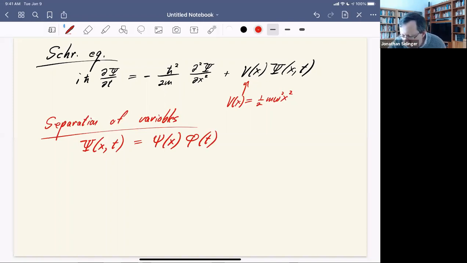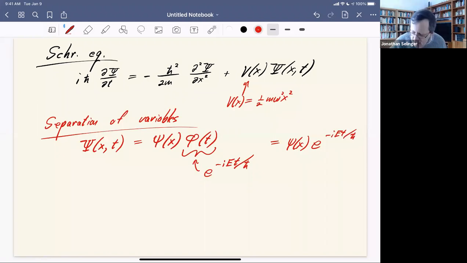We want to put that into Schrodinger's equation and solve for the function of time. And we've already done that, okay? We already know how that part of the solution works. And so we know that the function of time is the exponential of minus i E t over h bar. Okay. So the time-dependent solution is a time-independent solution times this exponential factor.